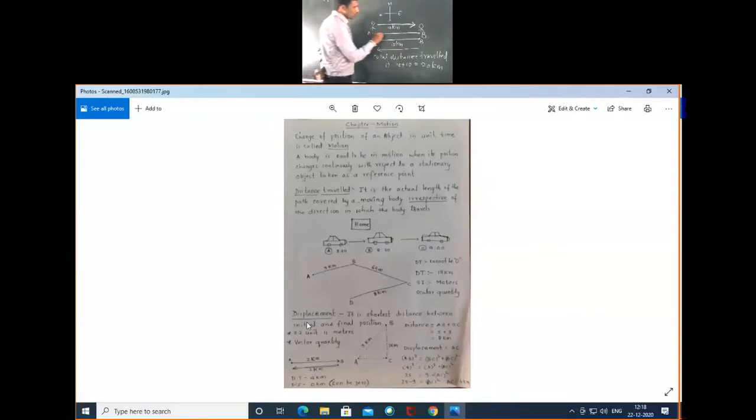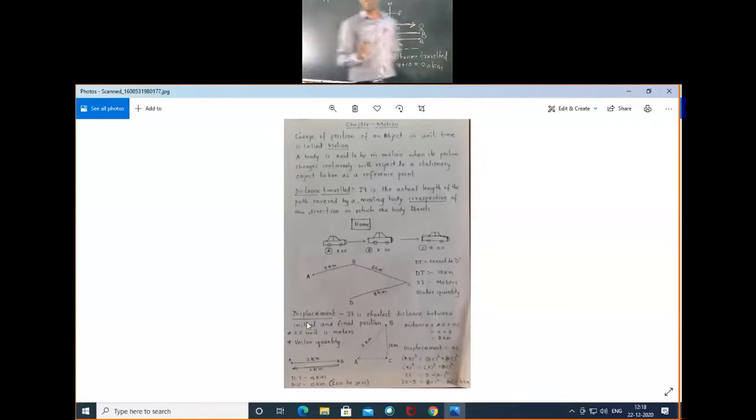He has come back to the same position. From A he started, and he has come back to A only. So the shortest distance between the initial position and the final position is 0, because he is coming to the same place again.